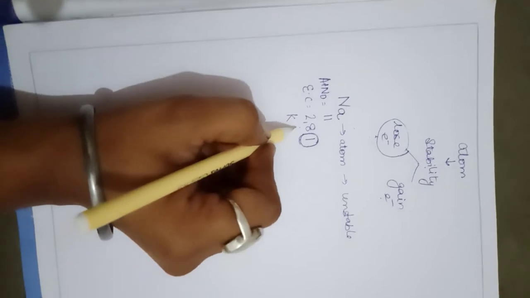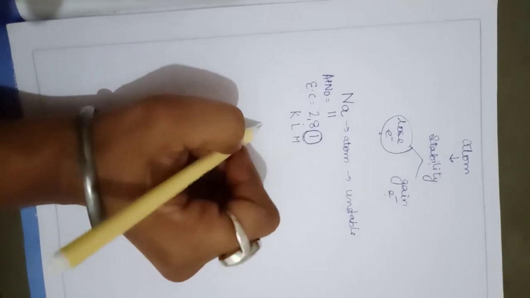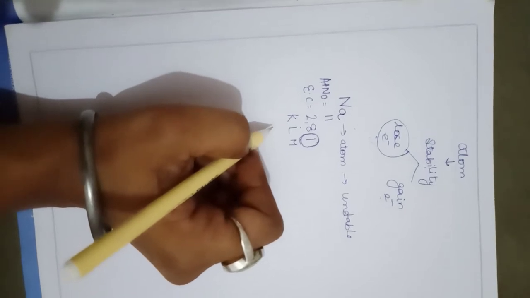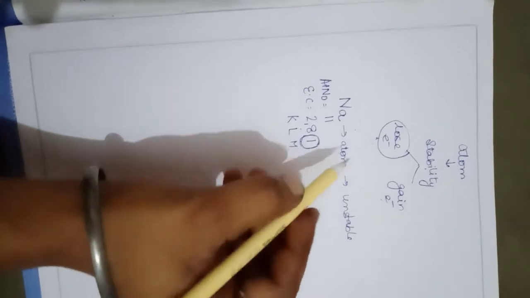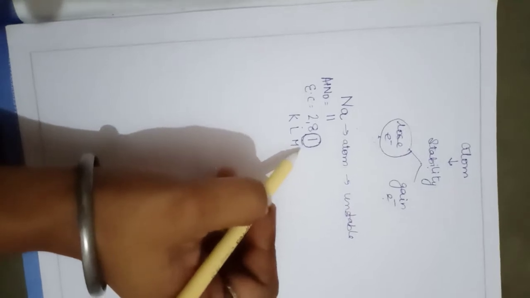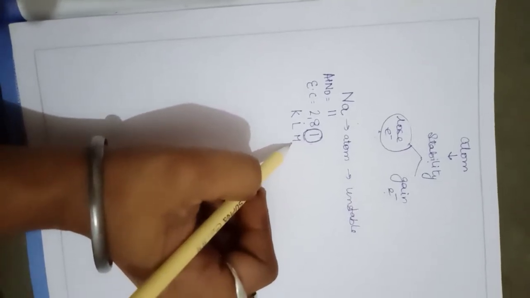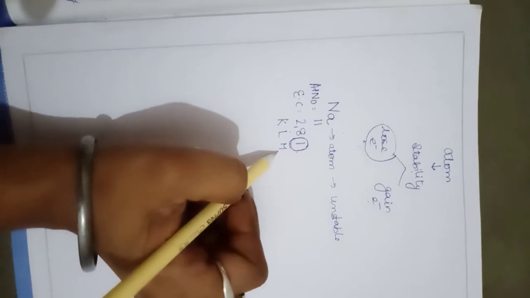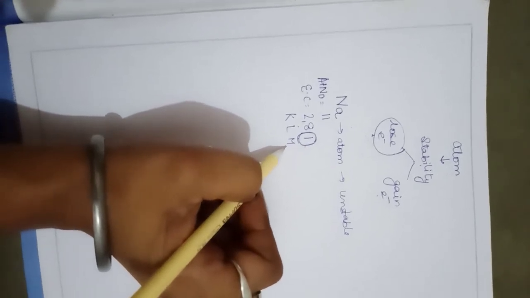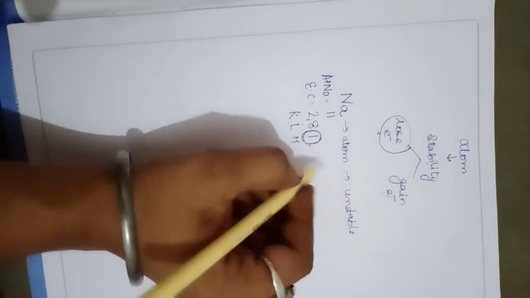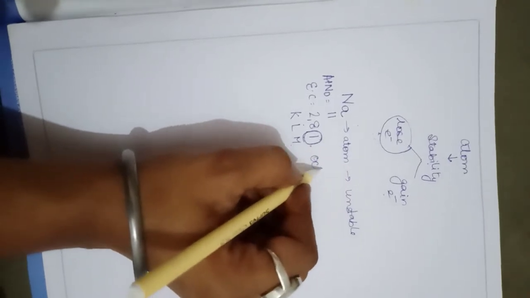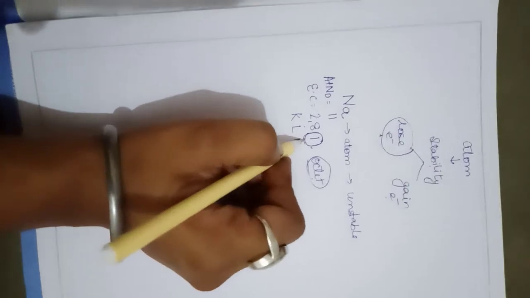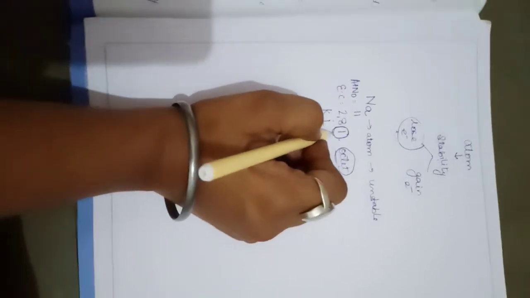Other than the K shell, when we proceed to the next shells, we usually see the octet state of the element. Here you can see that sodium has 1 electron in its outermost shell. It is not an octet. So to gain stability, it is difficult for it to gain the octet, because 7 electrons are impossible to gain in the case of sodium.